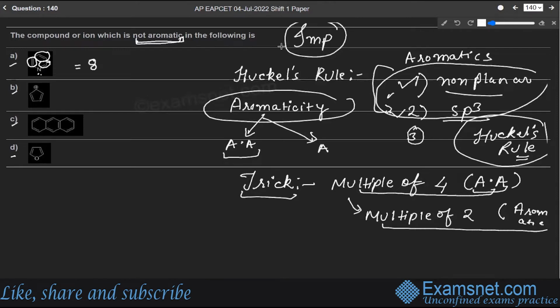Now let's look at this option. 2, 4. And now let's look at this option. 2, 4, 6, 8, 10, 12, and 14. So a multiple of 2. 2, 4, 6.